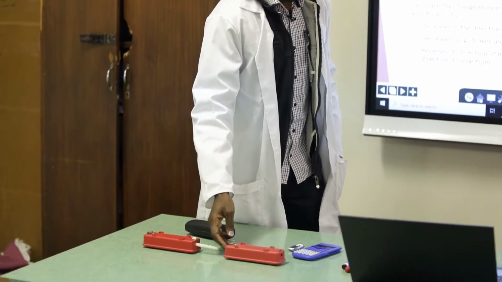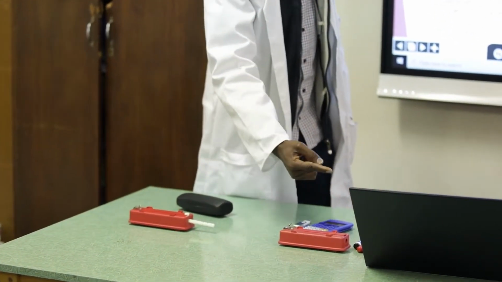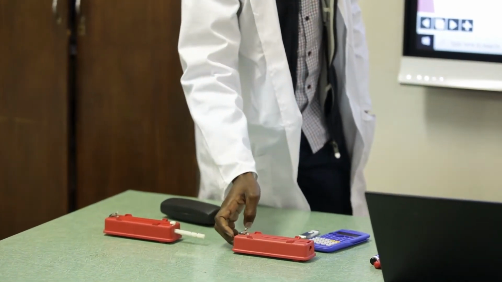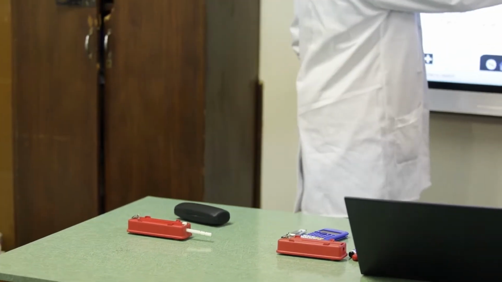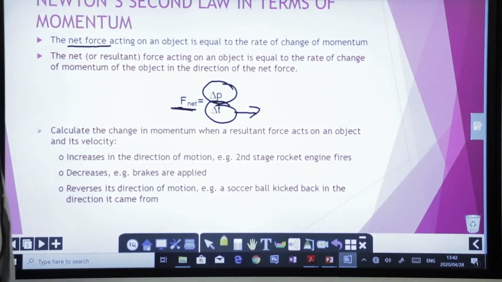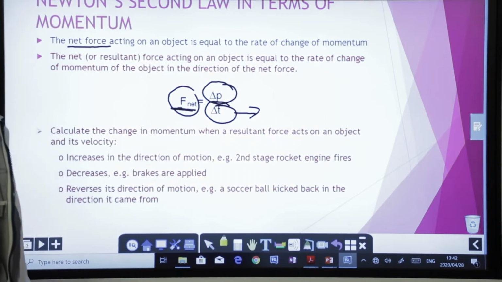So, for example, if we are going to move this object in that direction, the rate at which it is changing its velocity as a result of momentum gives us an idea of its net force.